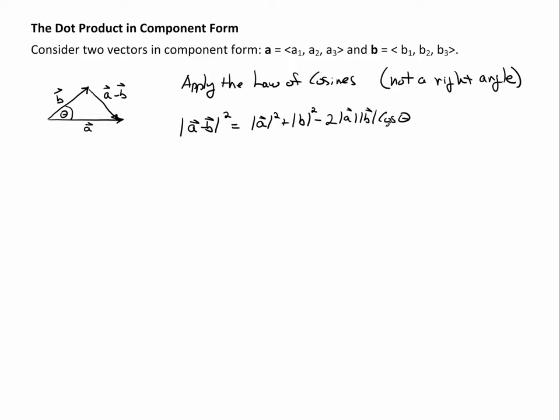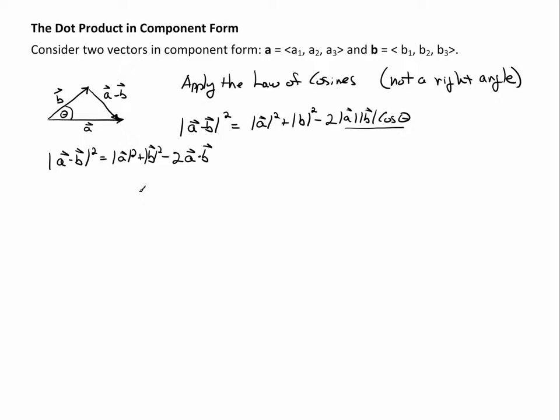Now I'm just going to do a bunch of algebra. The magnitude of A minus B squared is equal to the magnitude of A squared plus the magnitude of B squared minus 2 times this, which is actually nothing more than A dot B. That's good, because I'm trying to get at a way of solving for A dot B when I don't have the force and displacement vector idea.